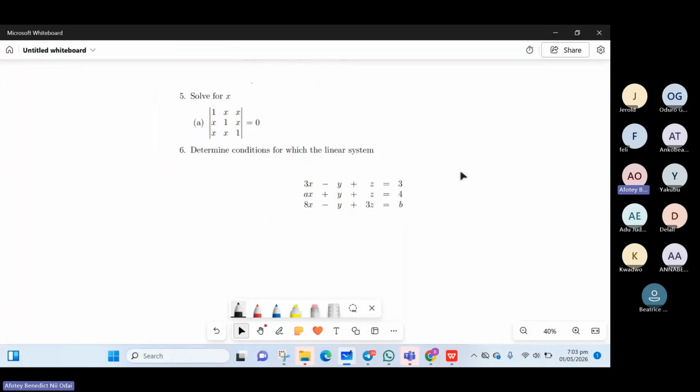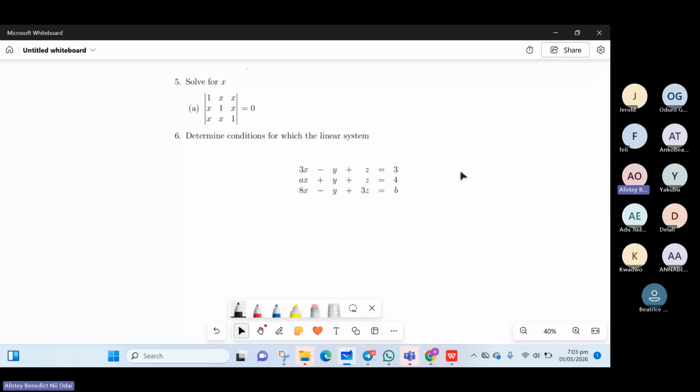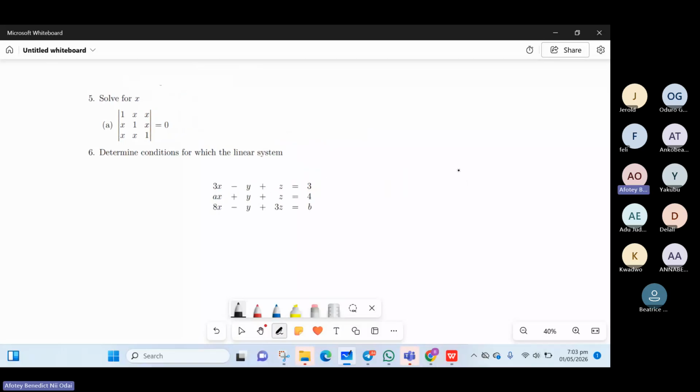So let's solve for x in this equation. Of course, with this, we can use the normal formula for a determinant, right? So let's take the first row. We've seen we can use any of the rows, but depending on the rows you use, you have to apply these signs on them.